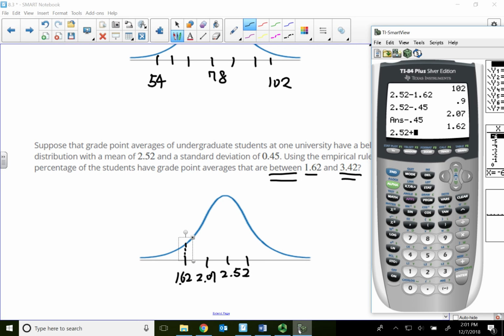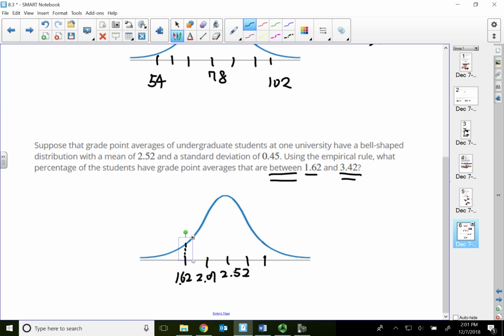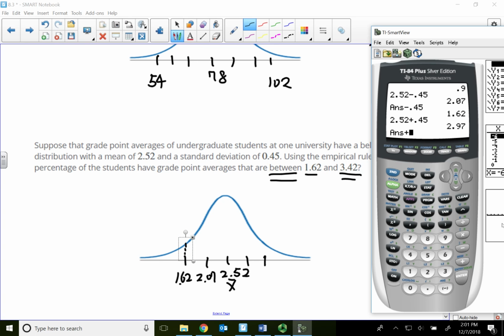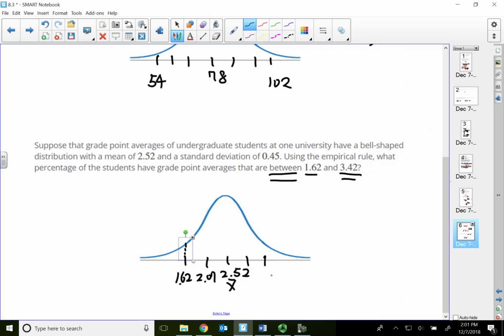2.52 plus 0.45 is 2.97. So this is the mean, okay? This is the second standard deviation to the right of the mean. So I plus 0.45 again. So that will be 3.42, which is what that number is. Sorry, I didn't draw very pretty.